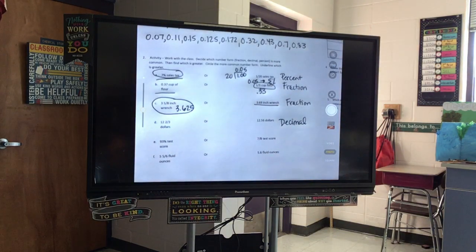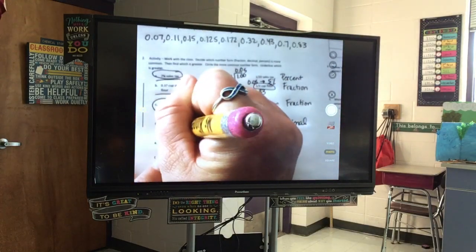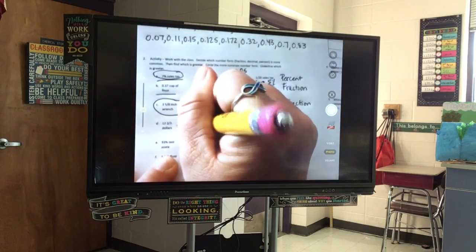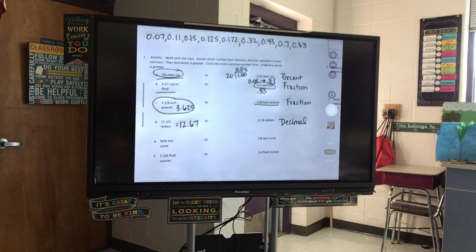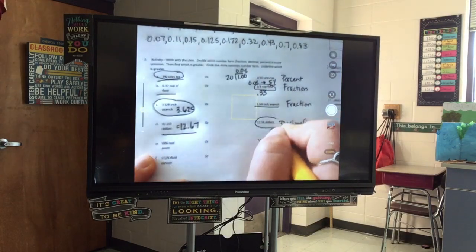Now we have to figure out which one's greater. So how do we do that? You change the fraction to decimals. Okay, and when you do your division, you end up with $12.67. All right, so which one is greater? $12.67 or $12.56? Okay, so this one is greater, but this one is more common.